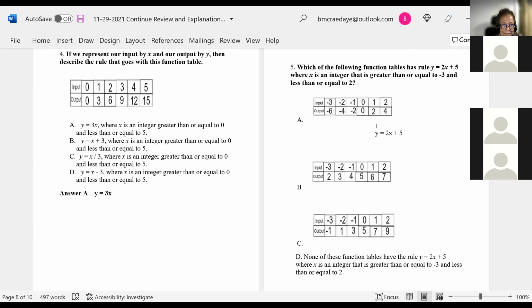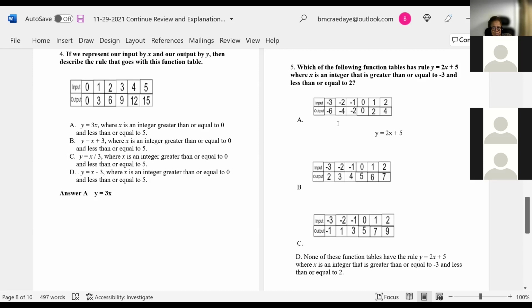Multiply 2 times the input, add the 5, and see if you get the output. Which one? I have no idea. But the first one, if you multiply 2 times minus 3, you get what?